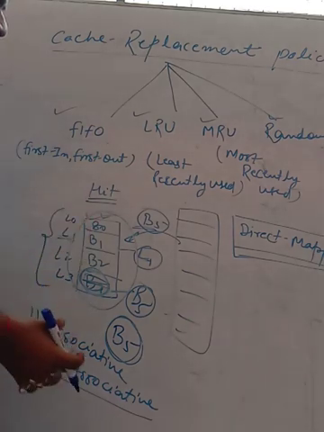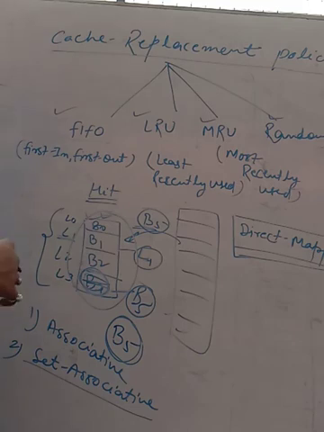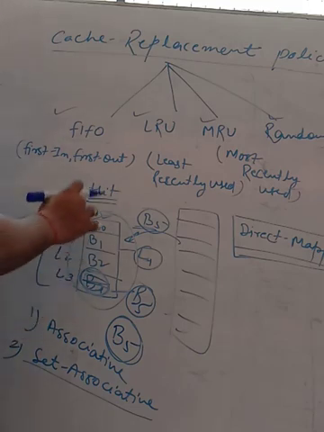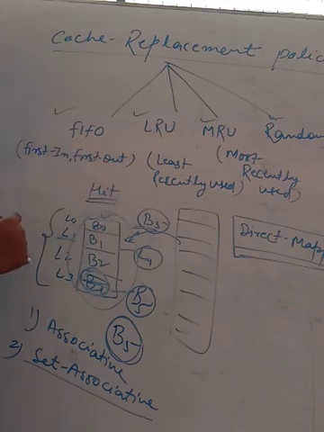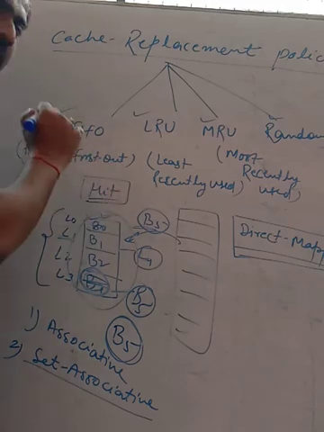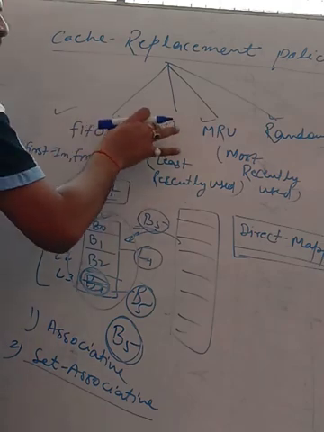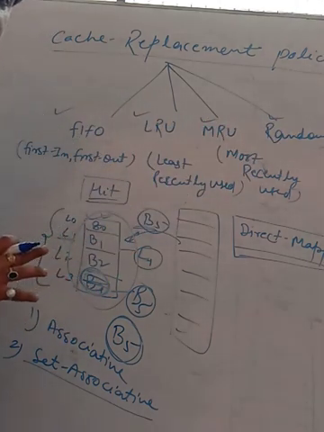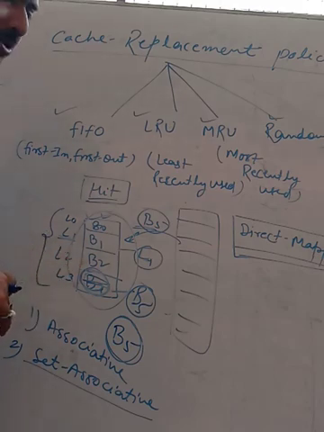In the same manner, here we use main memory and cache memory, and it is called a cache replacement algorithm. We have to increase the performance of the cache memory by increasing the hit ratio, so we apply these replacement policies. In the next session, we will discuss how the first in first out algorithm works. Thank you.